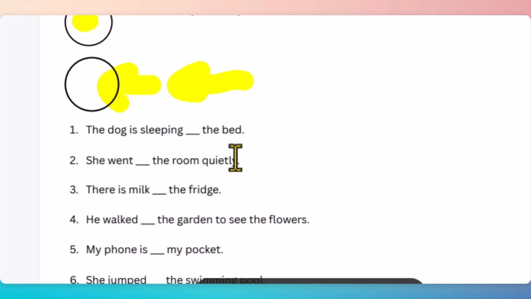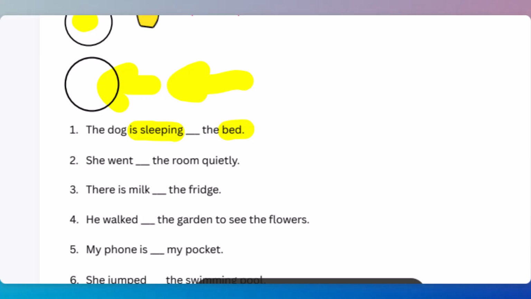Now let us get started with the quiz. So question number 1 says, the dog is sleeping blank bed. So, two things that we should consider with this sentence: sleeping, and then bed. What does this tell us? This tells us that the dog is already sleeping.